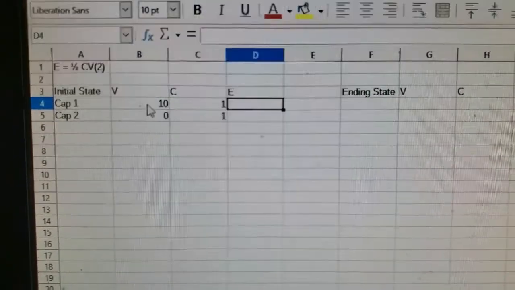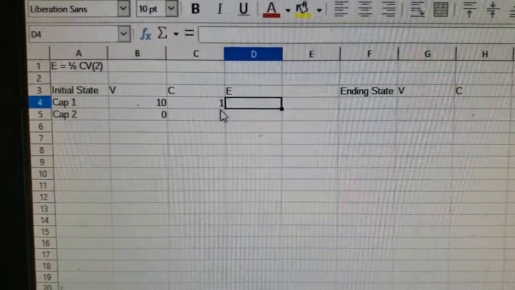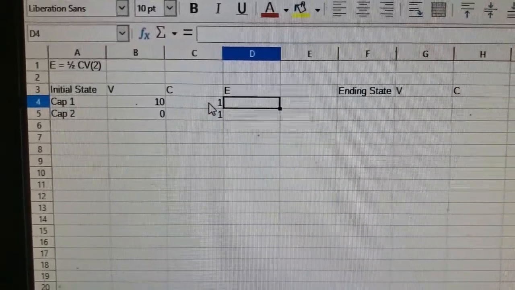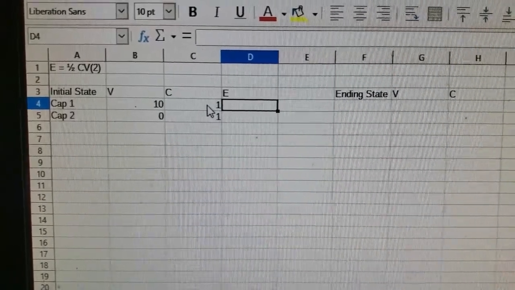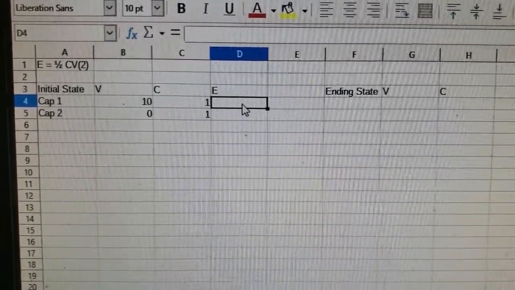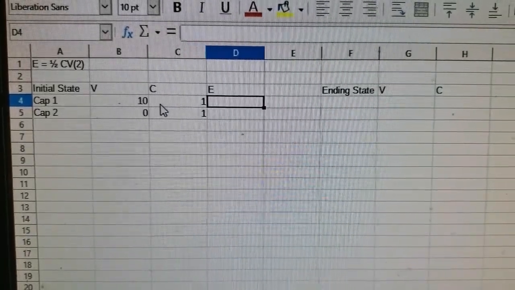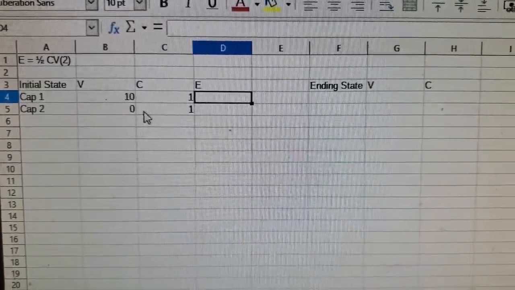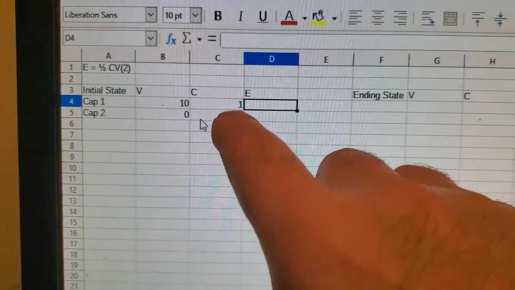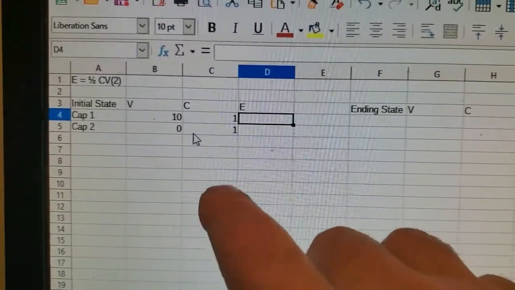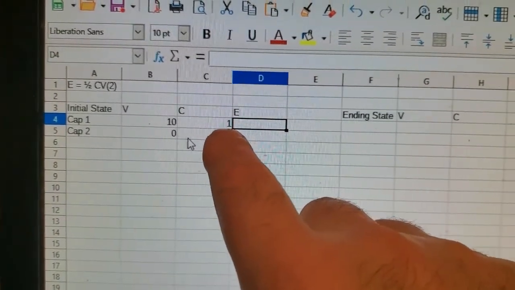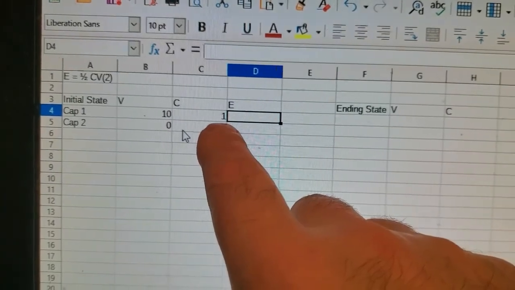So the voltage in cap 1 was 10 and the capacitance was 1,000 microfarads, so I'm just calling it 1 millifarad.